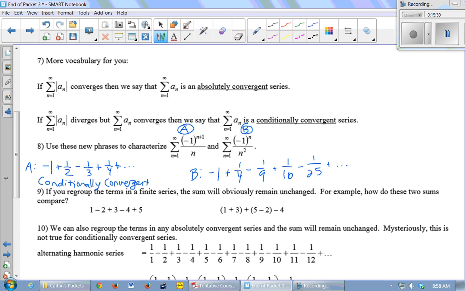The terms are alternating signs, and the terms are decreasing and going to 0. So we know it converges. If I take the absolute value and I have +1 plus a fourth plus a ninth plus a 16th plus a 25th, does that converge? Yeah, that also converges. So this is called absolutely convergent because the sum itself converges and so does its absolute value.